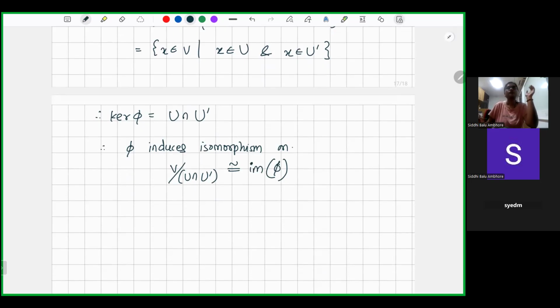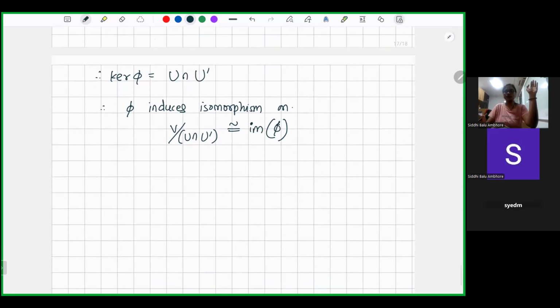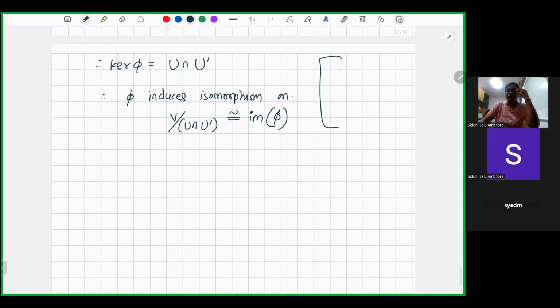Okay, I hope you know that if F is from V to W, then V quotient kernel of F is isomorphic to image of F. This is what we are using here. That's it.